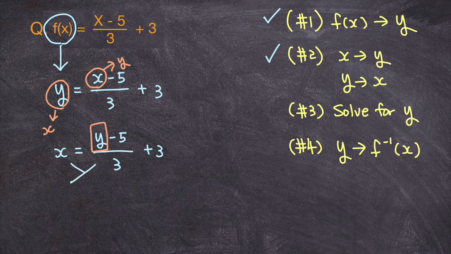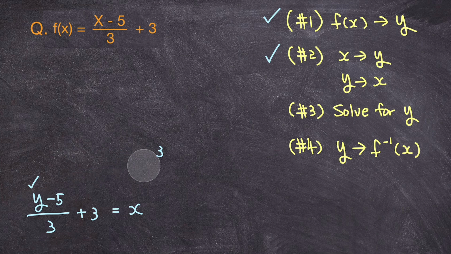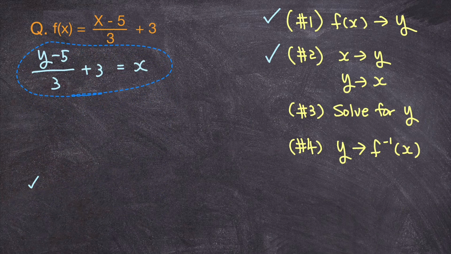So I'm going to switch sides. (y minus 5) over 3 plus 3 is equal to x. And I'm going to solve for this y. So I'm going to erase this, put it up, and start solving.